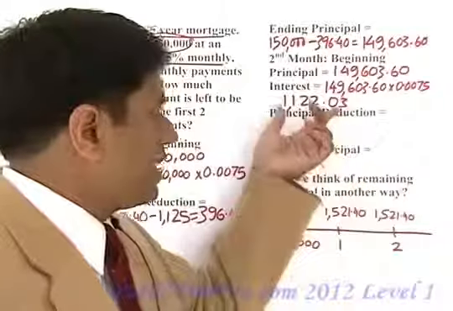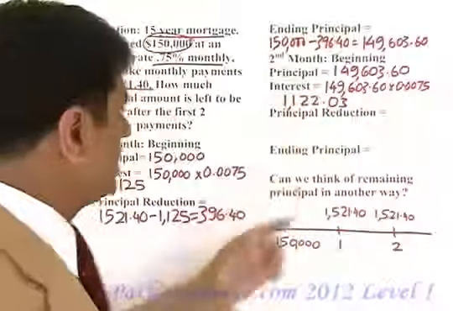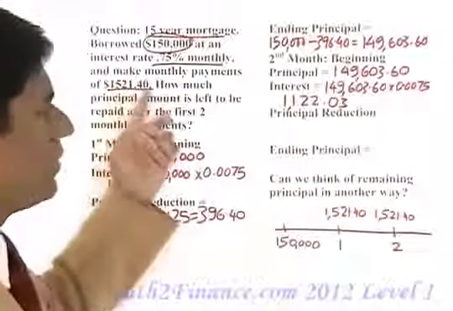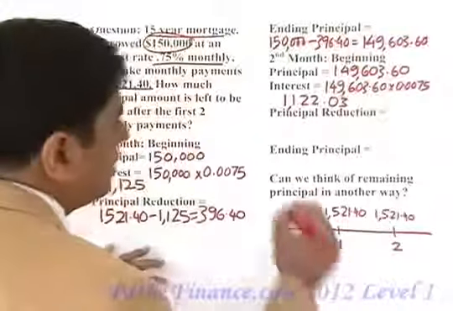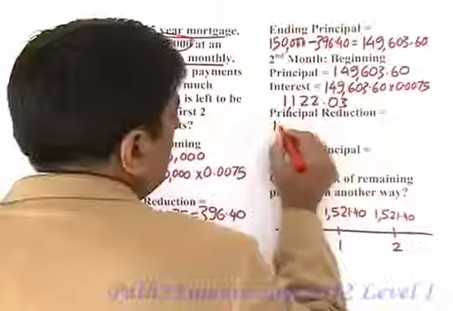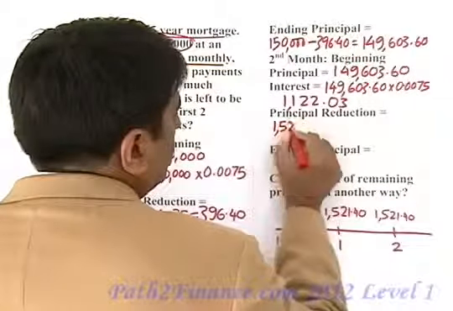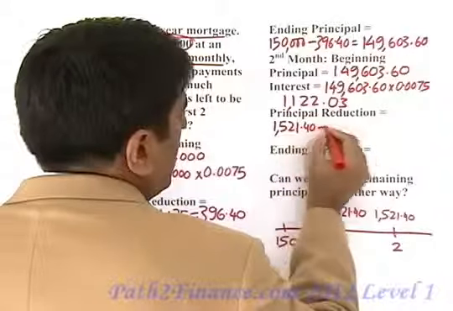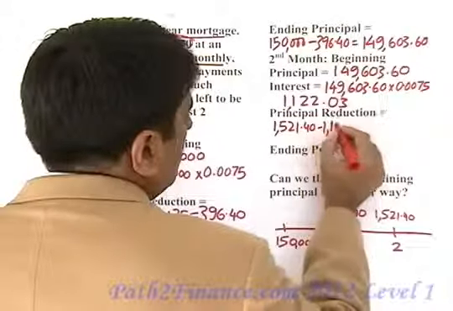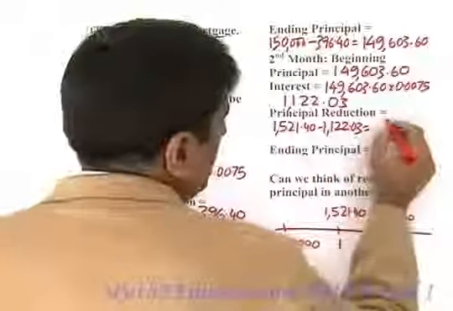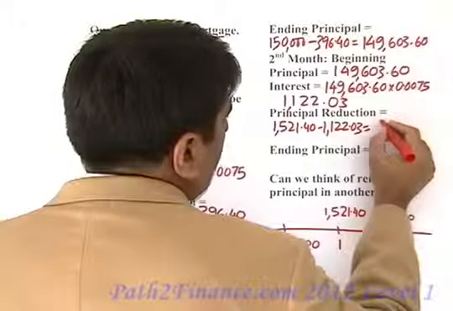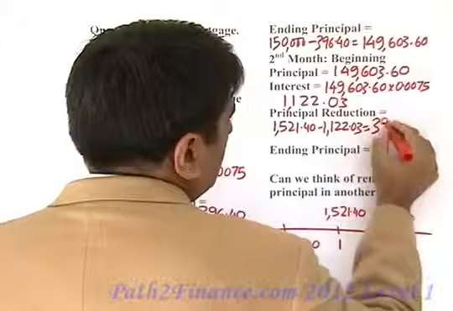So if this is the amount of interest and the repayment is 1521.40, then you take out the interest from the total repayment to get the principal reduction. So you have 1521.40 minus 1122.03 equal to 399.37.